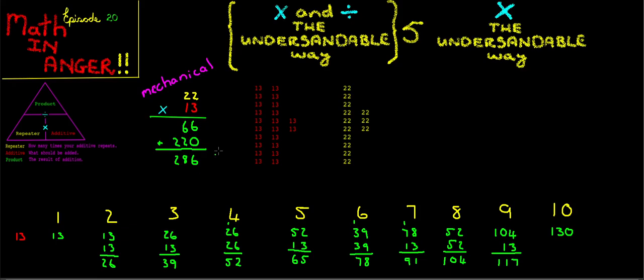Right. Now let me show you the understanding way. You know you are going to add 13 to itself 22 times. So you've got 10 here, 10 here, and 2 13s here. You already know that 10 times 13 is going to be 130.